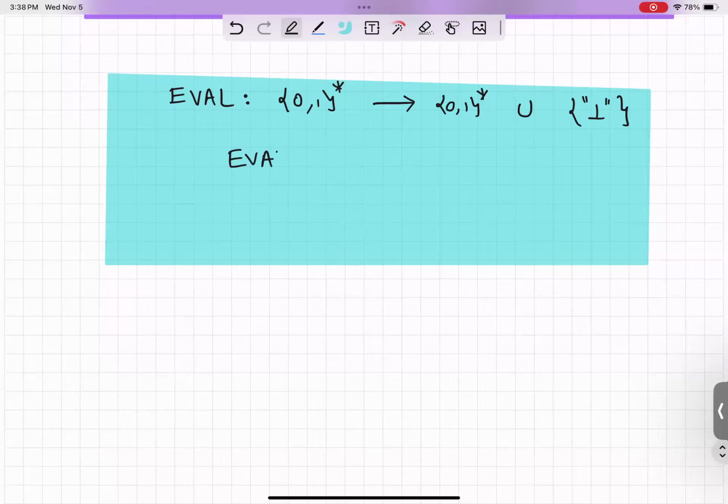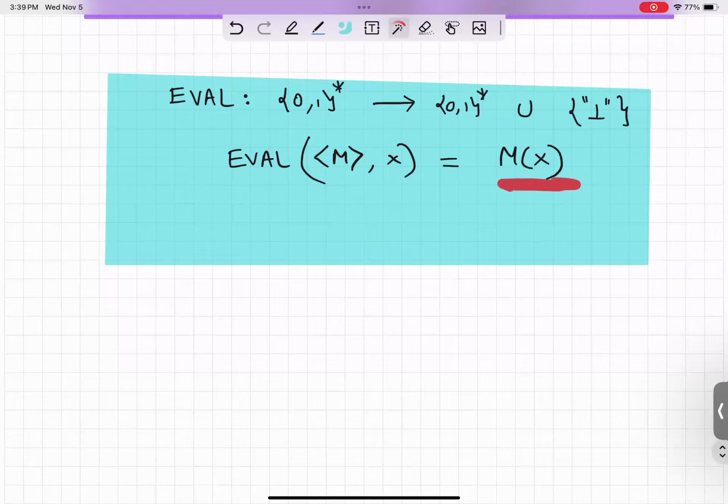So eval takes as input the description of a machine and an input, again in binary, for that machine, and is supposed to mimic the behavior of M on X. Okay? And what does mimic mean?